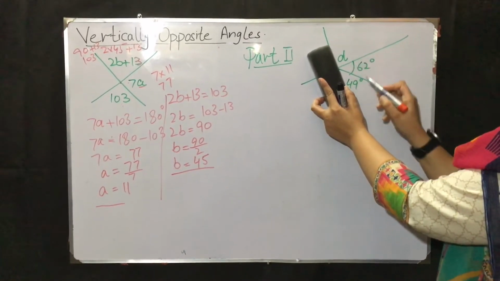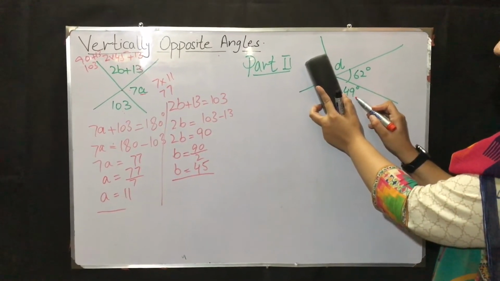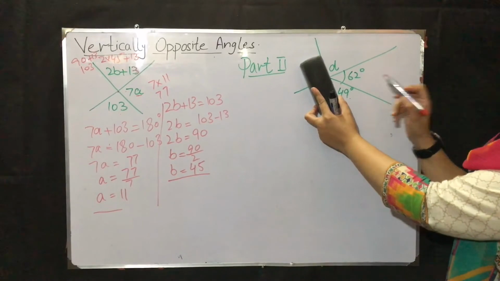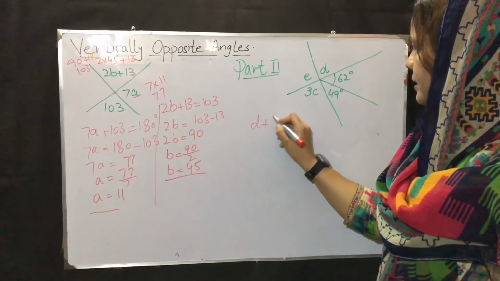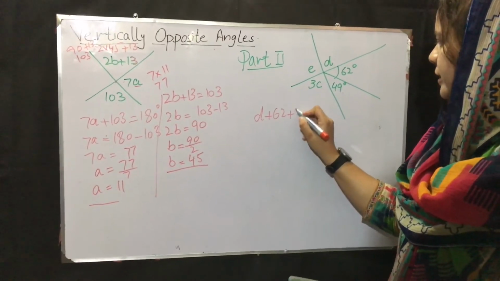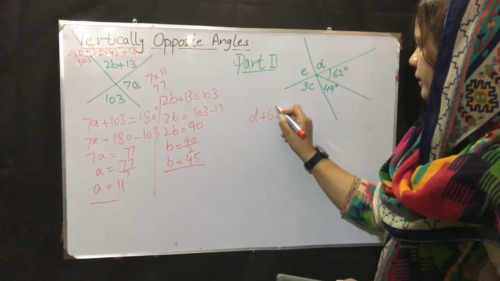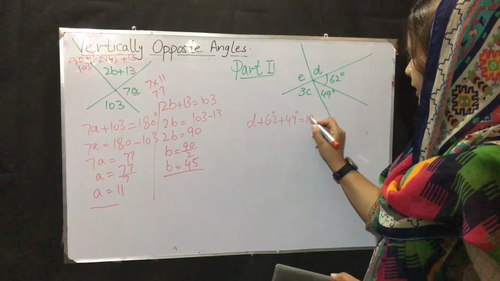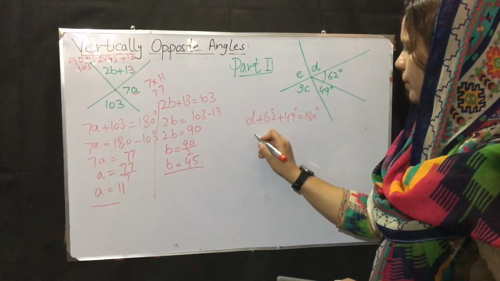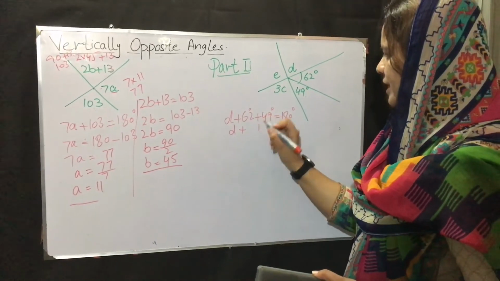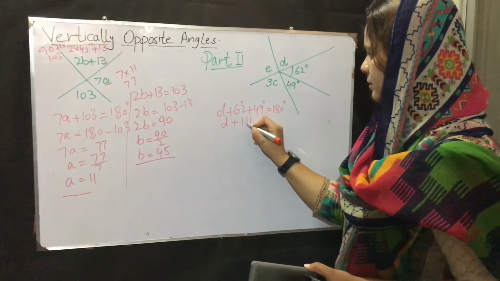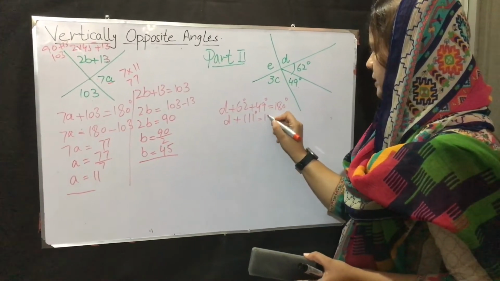So the sum of all angles on a straight line is equal to 180 degree. So I will make an equation and find the value of D. D plus 62 degree plus 49 degree is equal to 180 degree. Adding these two values, 62 plus 49 is 111.